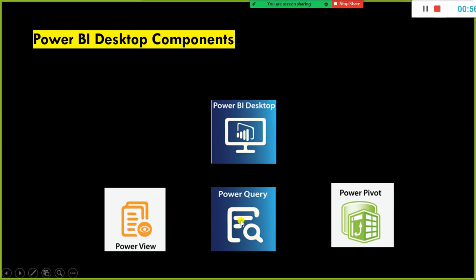So think of Power Query as synonymous to the kitchen. This is where we do all the data cleaning. Not only cleaning the data is sufficient, you need to design the data model, like the building architect's blueprint, right?